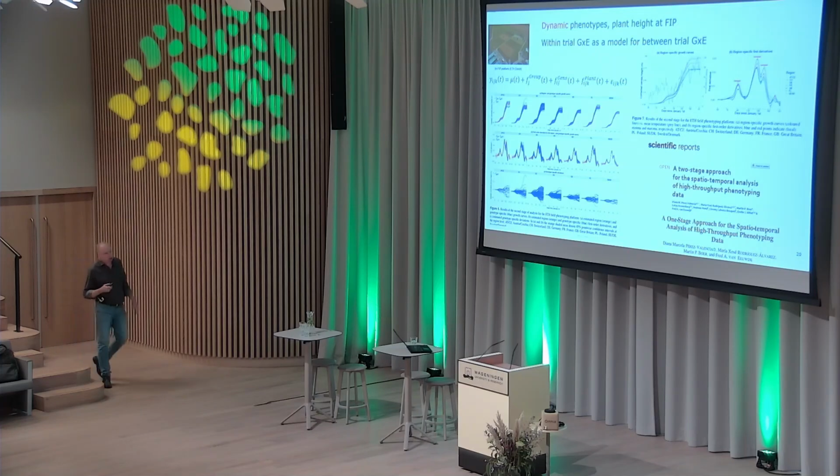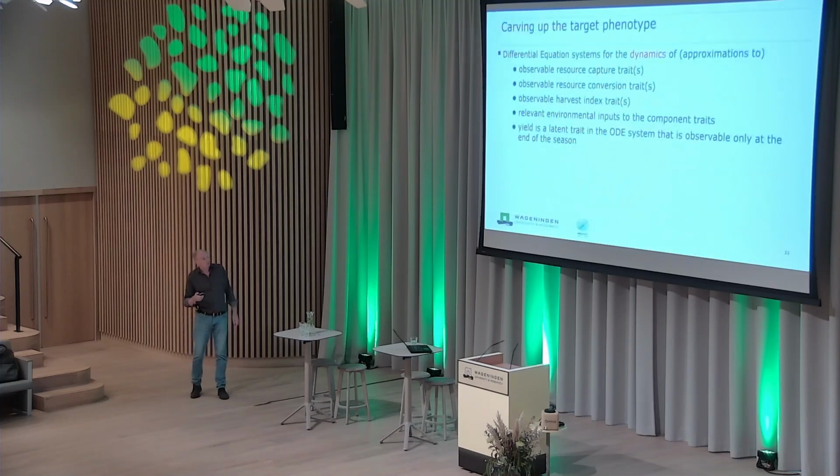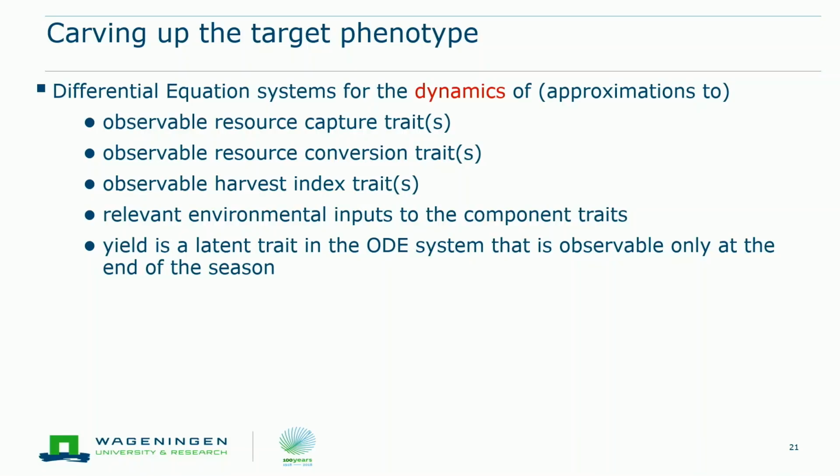If we have the right trial, we try to figure out, by modeling the dynamics, how genotypes will behave in other systems. So we go one step further, because it's also related to a lot of the things that, for example, a company like Hyphen intends to do. If you think of yield, well, yield in a basic form is just resource capture, conversion, and harvest index. There are a number of environmental inputs.